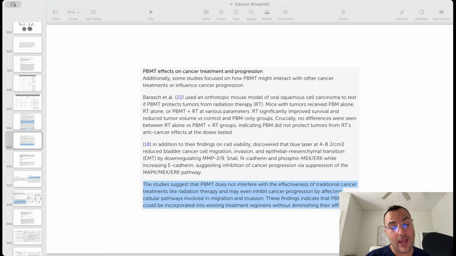One of the things I have not shown because we haven't got to that part of the series is that blue light will increase reactive oxygen species to a detrimental effect. So why not use blue light directly over the cancer cells, or maybe blue and red light over the cancer cells, and then over the rest of the body use red light as a protective mechanism or something like that.